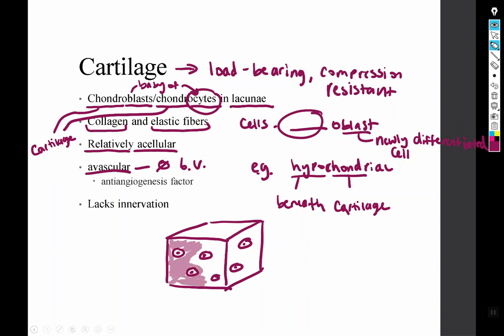If I have a little cube of cartilage here with my chondrocytes in their lacunae, they're fine because they're small. And also spheres and domes are very good at resisting compression. So a spherical space in a solid matrix is going to be pretty good at resisting being squished. Tubes are not so good at resisting being squished, as it happens.